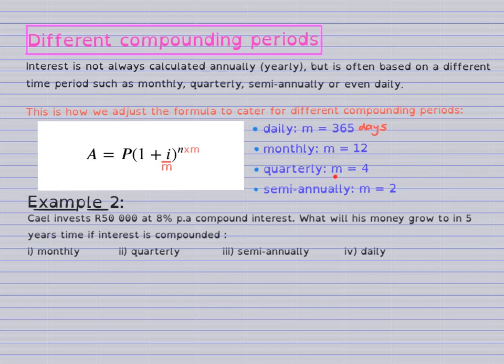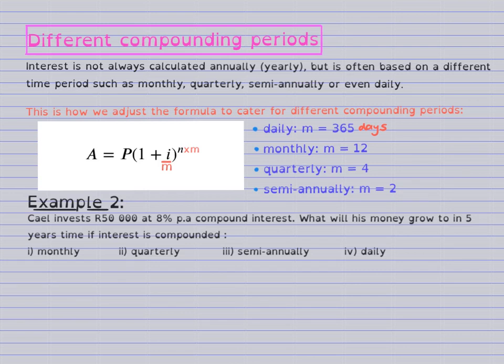So be careful, quarterly is 4, not 3. Semi-annually is every 6 months you are earning interest, but you don't say that m equals 6. 6 goes into 12 twice. So every 6 months you are earning interest, but that only happens twice a year. Okay, so don't get muddled up with these ones. You earn interest 4 times a year, every 3 months. You earn interest twice a year, every 6 months.